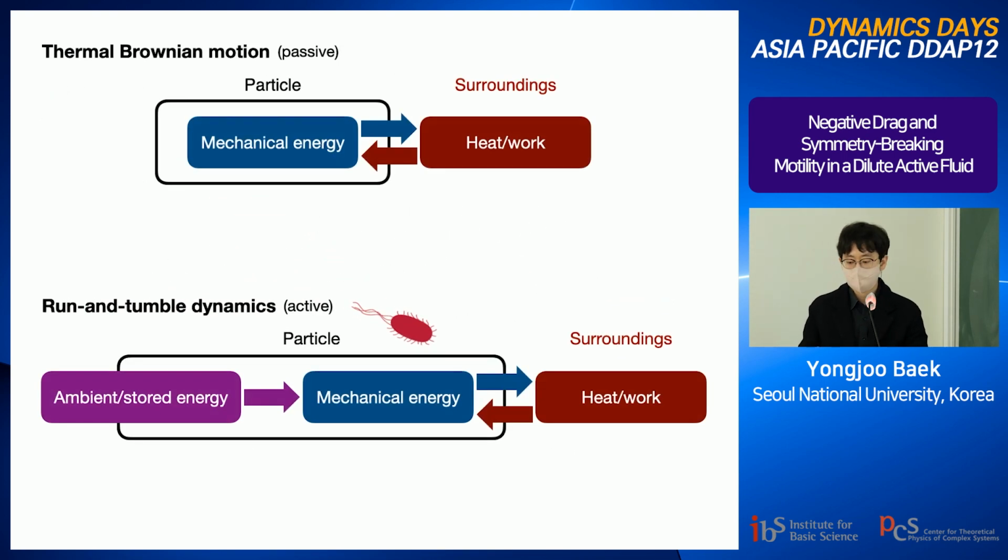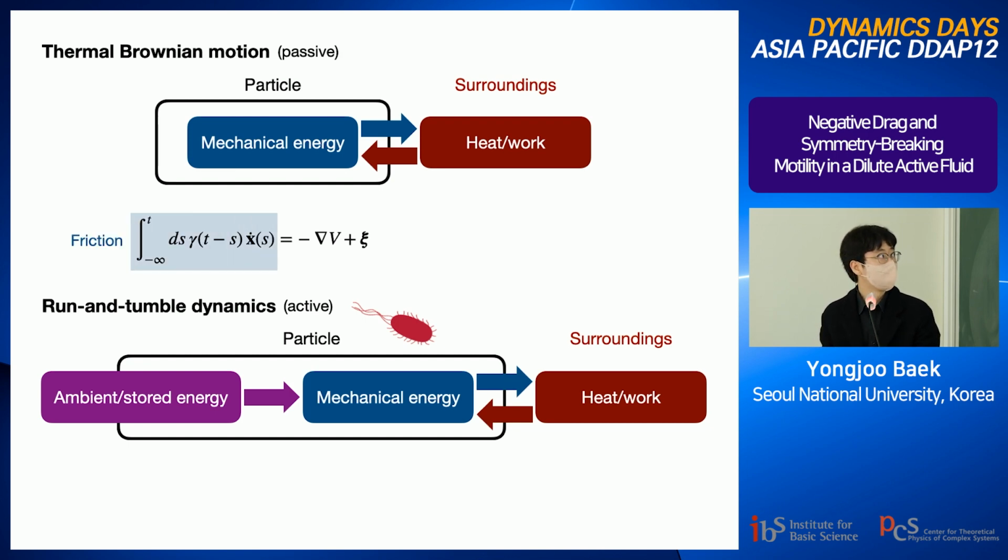So how does this kind of motion differ from the motion of the usual non-active passive particles, like the thermal Brownian particle? In the case of a Brownian particle, it has some kind of mechanical energy in it, but then it exchanges that energy with the surrounding environment in the form of heat or work. And what happens in that case is that you model that kind of motion using the Langevin equation, which contains the friction and some conservative forces from the environment and also some kind of thermal noise.